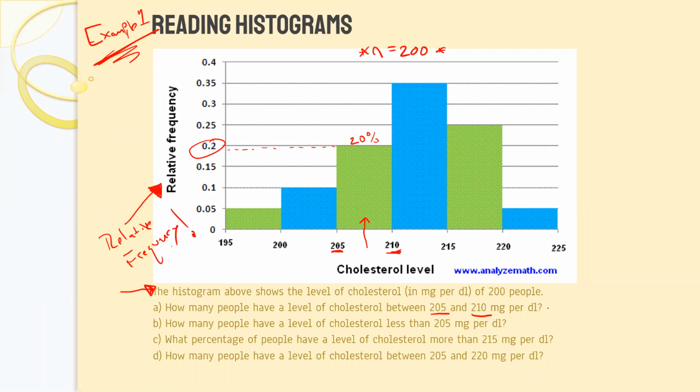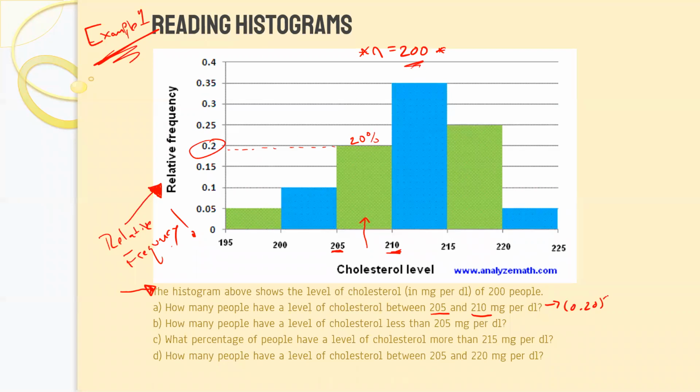But I'll tell you this, if you just put 0.20, you'll get the question wrong. This is why you have to be very careful. Did I ask you what proportion or percentage of people, or did I ask you how many? Tora has it. How did you get 40 people? You're right. And Leonardo has it. So what you would do is take the proportion of people, which was 20%, and multiply it by the total.